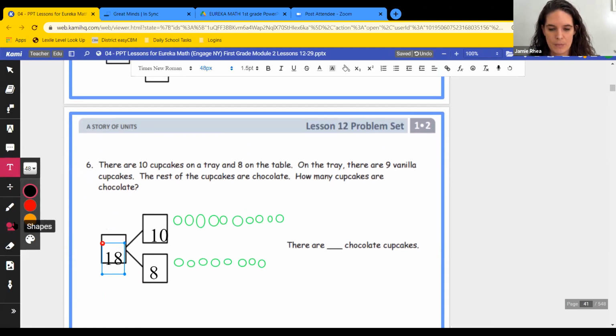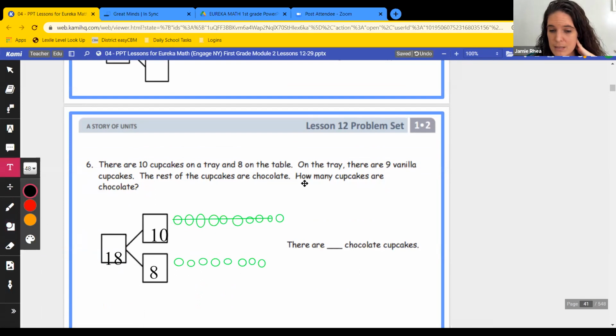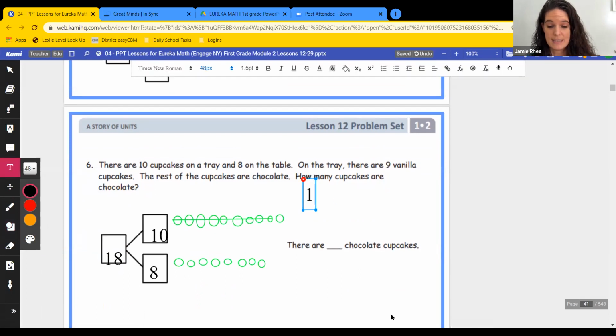All right. Now, we're not done because now it says on the tray there are 9 vanilla cupcakes. So I'm going to take my dot or my line and I'm going to mark out 9 of those. Okay. So now I can solve some problems. I can say 10 on the tray, 9 of them are vanilla, so I'm minus 9, and I am left with 1. That means 1's chocolate.